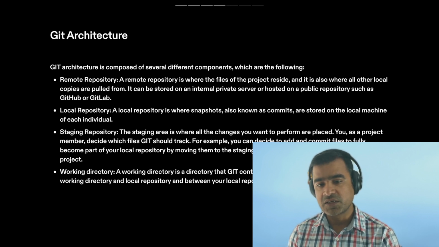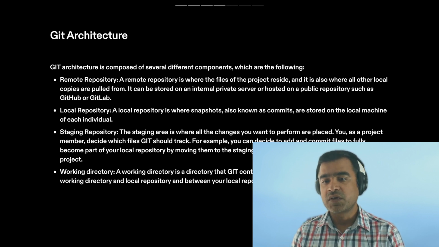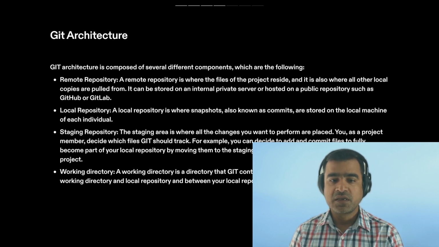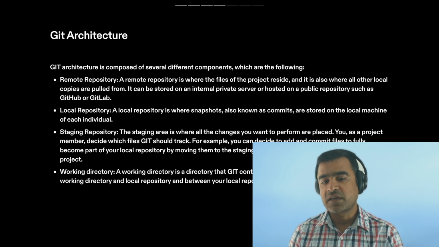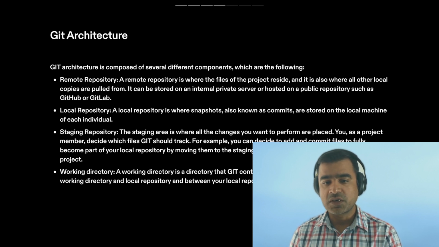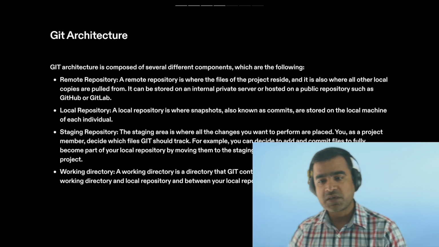The staging area is where all the changes you want to perform are placed. You as a project member decide which files Git should track. So as you park your changes into the staging area, Git will start tracking things. For example, you can decide to add and commit files to fully become part of your local repo by moving them to the staging area. And I'll show you everything, so it will be clear.